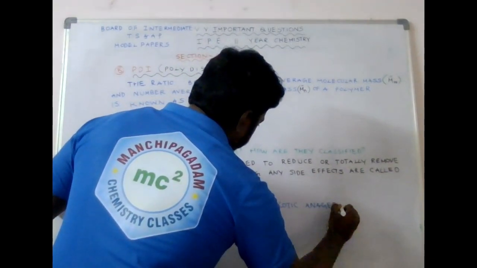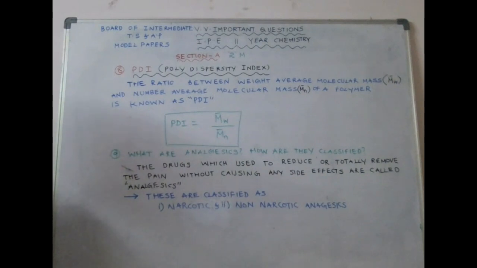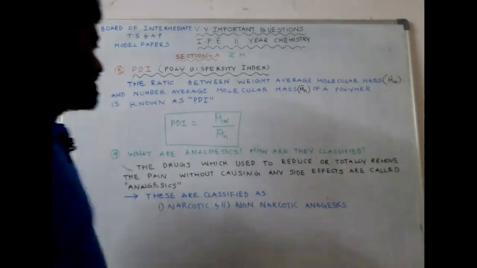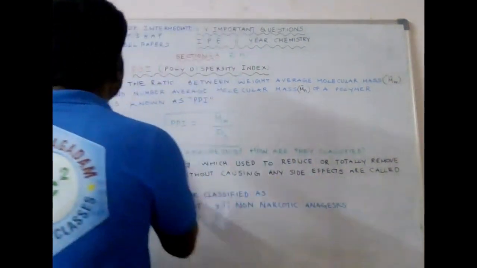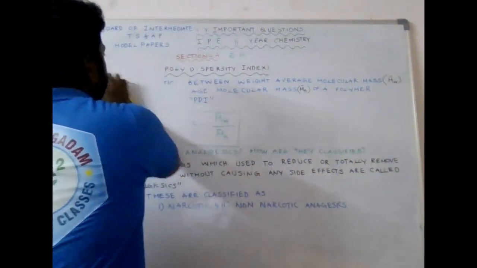Narcotic analgesics as well as non-narcotic analgesics. For classification 1 mark and for definition also 1 mark, so definitely you should write. The drugs which are used to reduce or totally remove the pain without causing any side effect. Right. And the last question.